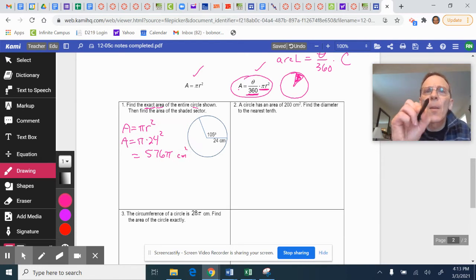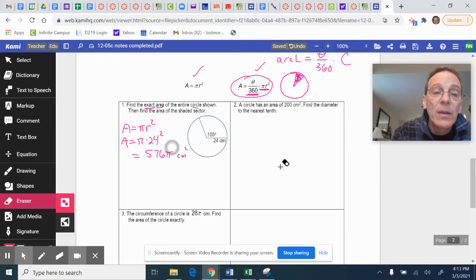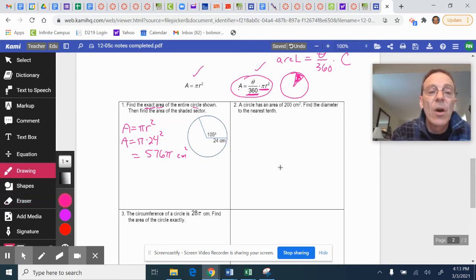Do not put that 2 exponent next to the pi. That would be wrong. Don't put it next to the 576. That would be wrong. The exponent only goes with the centimeters, okay? We already applied that exponent to the 24 to get the 576.